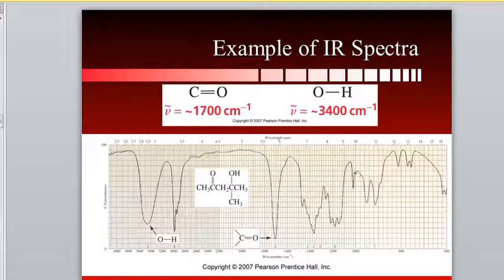Well, your molecule has this type of group. That is what we're after. That is what we want to see. That's what we want to accomplish. So I'm going to have to become familiar with the functional groups, and then I'm going to have to become familiar with the areas that it does absorb light energy from, and where that is located each and every time.